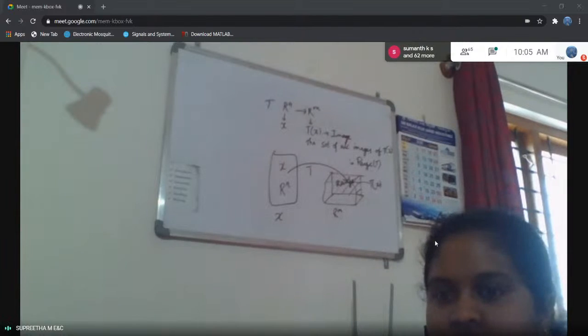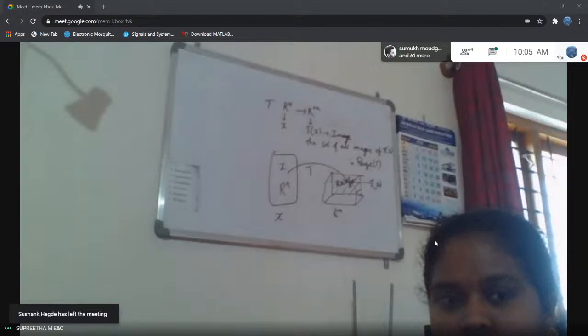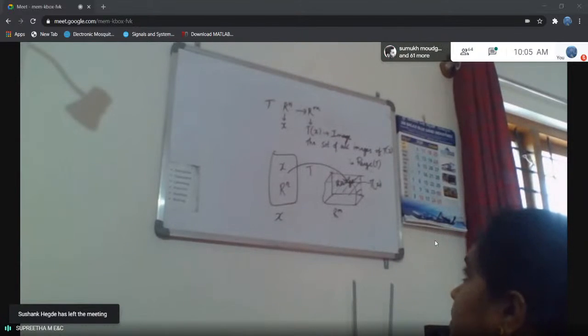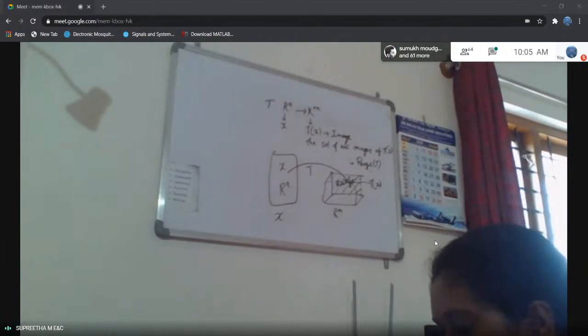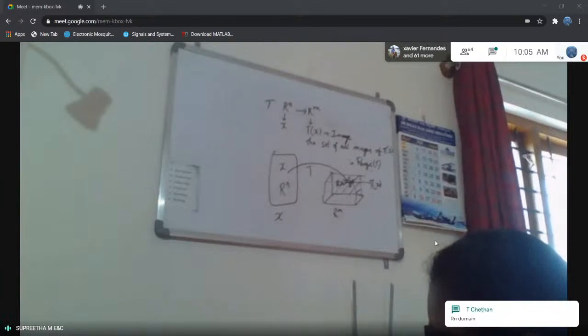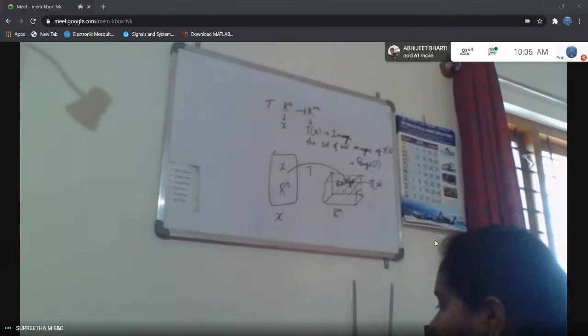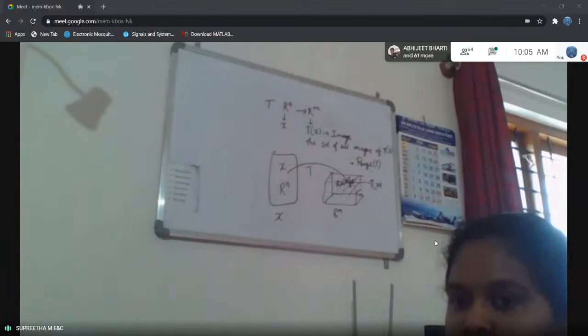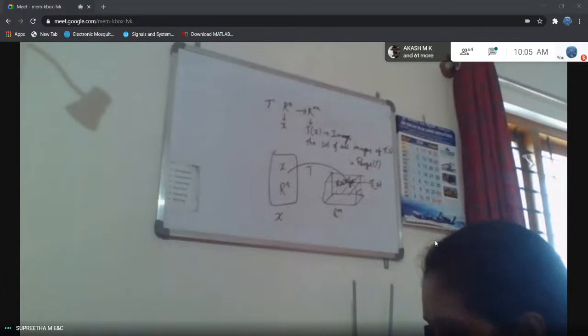Chetan, Sinchana, Lasita, is it the domain or the codomain? Rn is the domain and your Rm is the codomain. Correct?